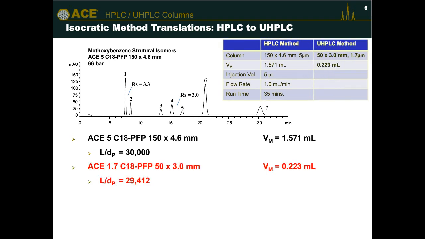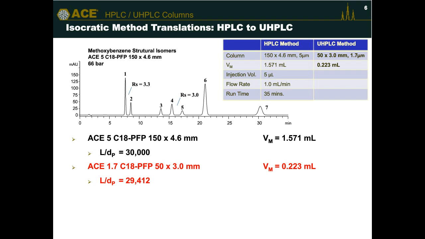We want to scale this method to UHPLC. So what we need to consider is the column we're going to choose. In this case, it's the same column chemistry, but we are going to a smaller particle size, down to a 1.7 micron particle. The column dimensions are 50 millimeters by 3 millimeter ID.